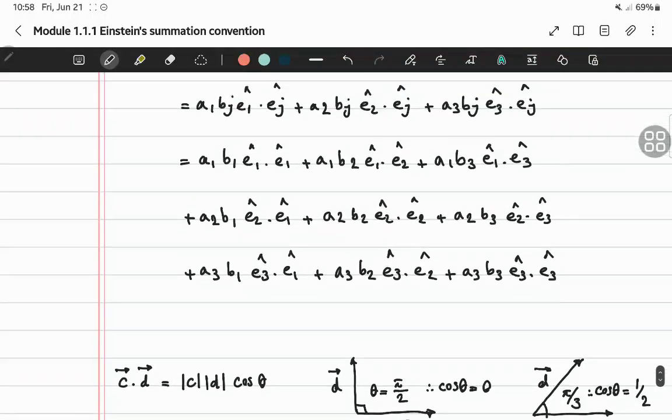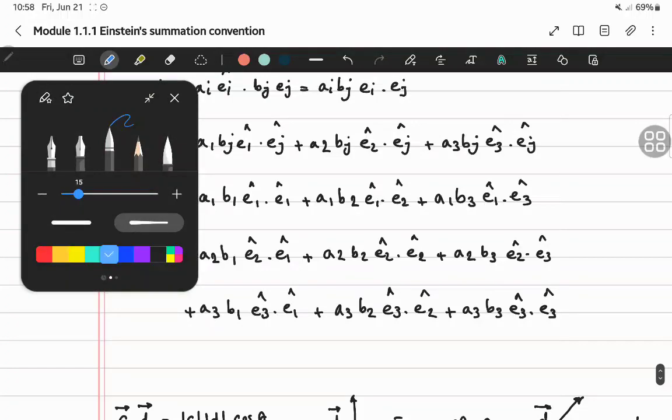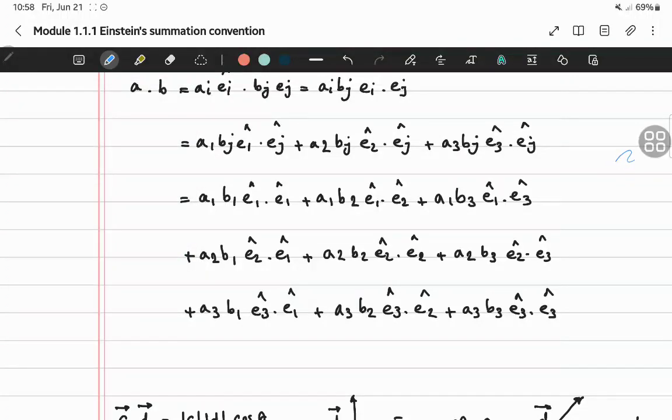All right, now we have an orthogonal system, a right-handed one. Here we have e_1, then e_2, and this is e_3, and these are mutually orthogonal.